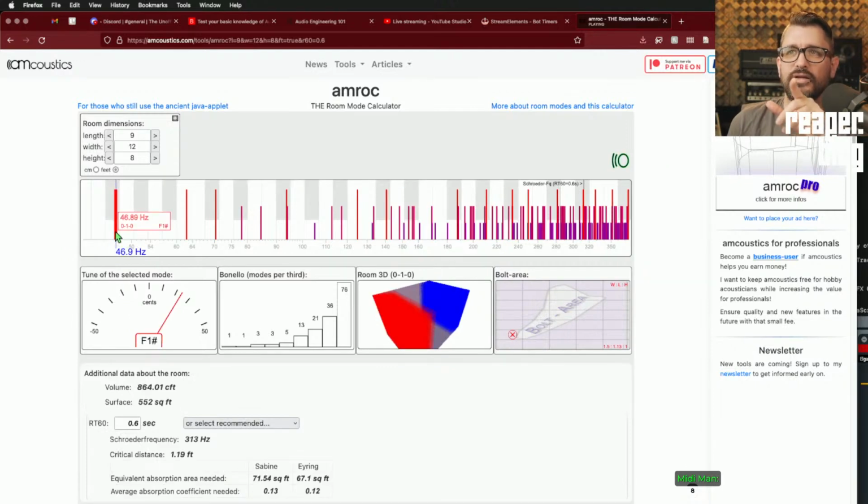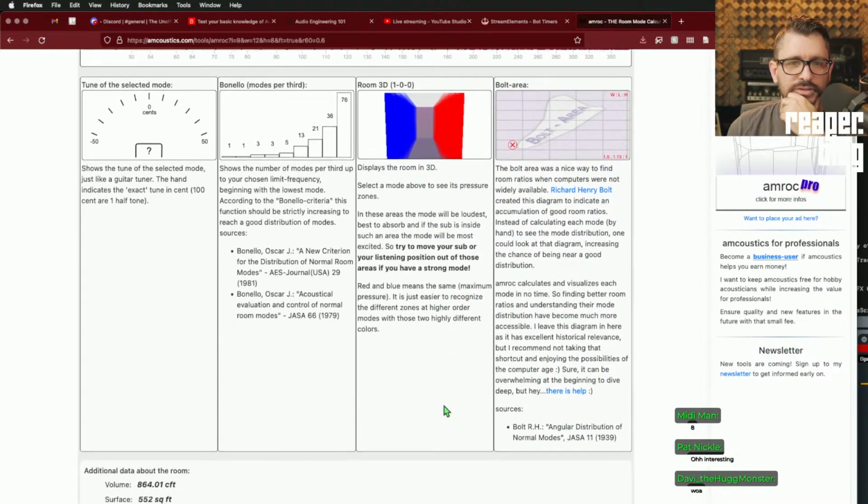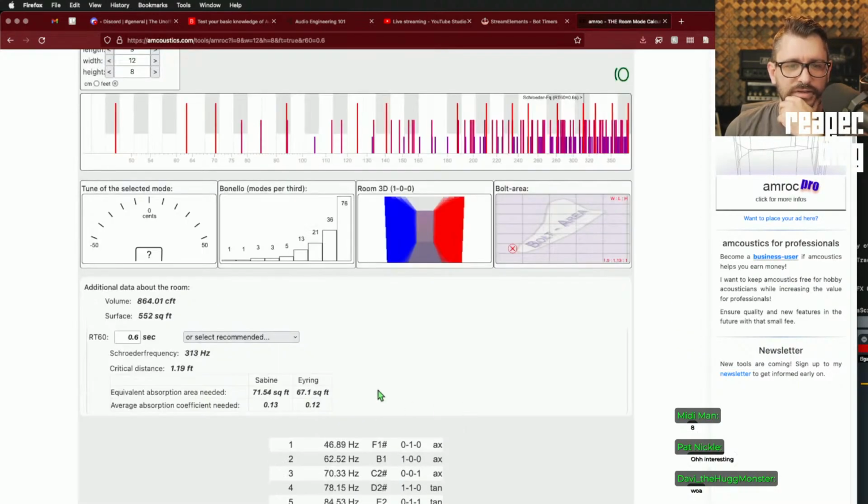So if your room, the main acoustic issue you would have would start at this frequency. And so these red ones are the sidewall room modes, which is, what do you call it?